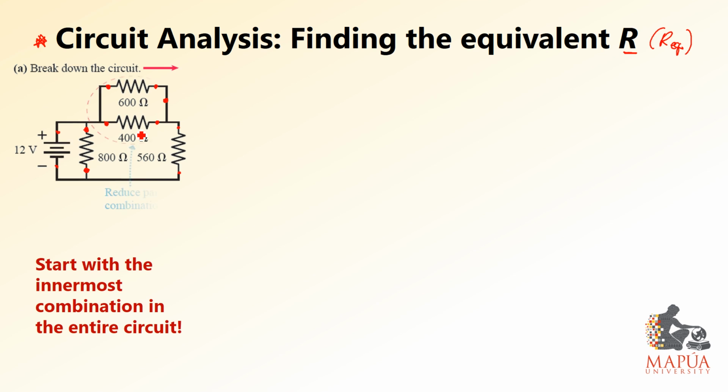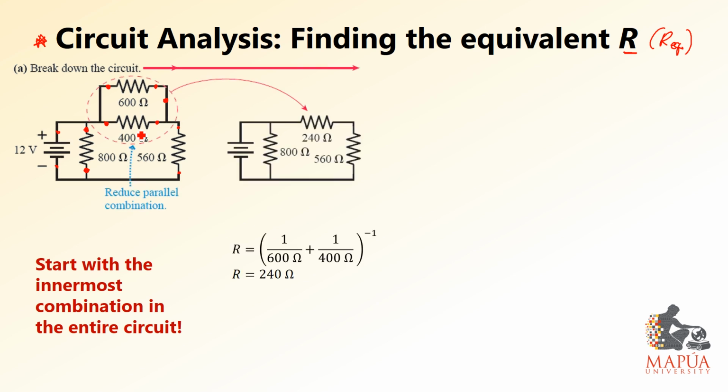In this case, we're going to reduce this parallel combination, and we're going to use this calculation to compute for this equivalent resistance. In other words, this 240 ohm resistor, by using this computation, is equivalent to the combination of this resistor and this resistor in parallel.